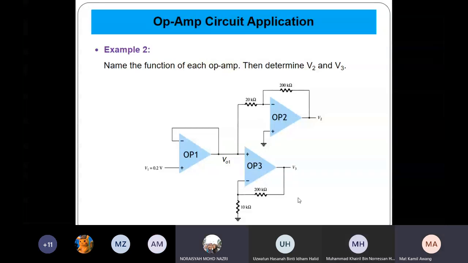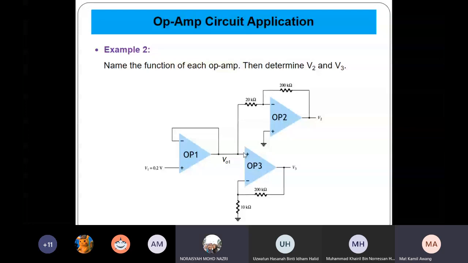As usual, find OP1 first, VO1. Because you want to find the input to these two amplifiers. 0.2 volt, positive. So the input to both amplifiers is 0.2 volt.